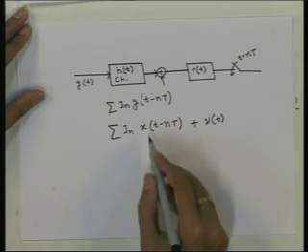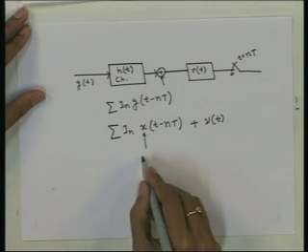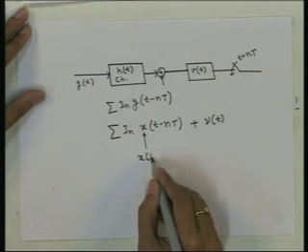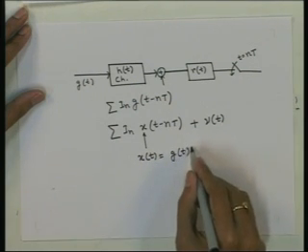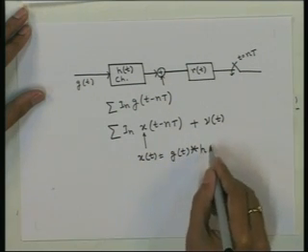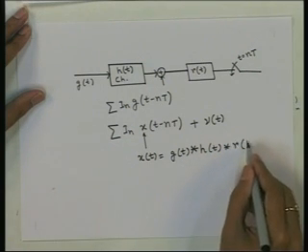And what is x(t)? x(t) is the convolution of g(t), h(t) and the receive filter r(t).